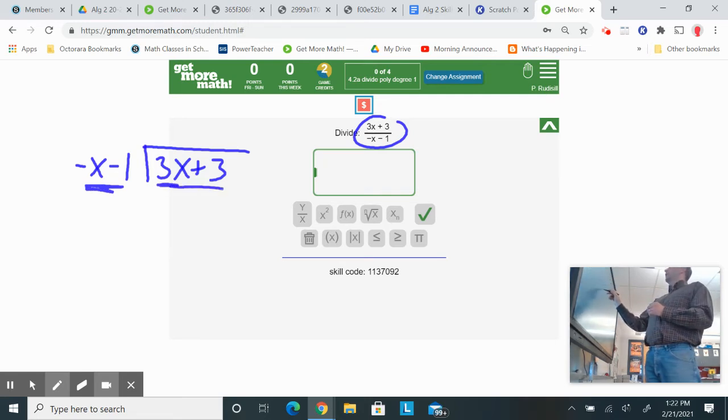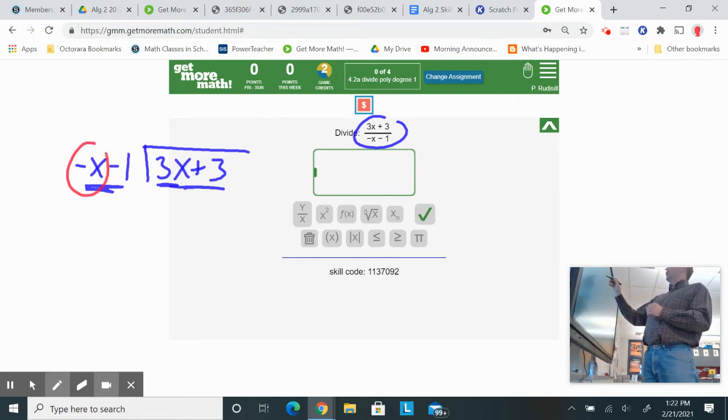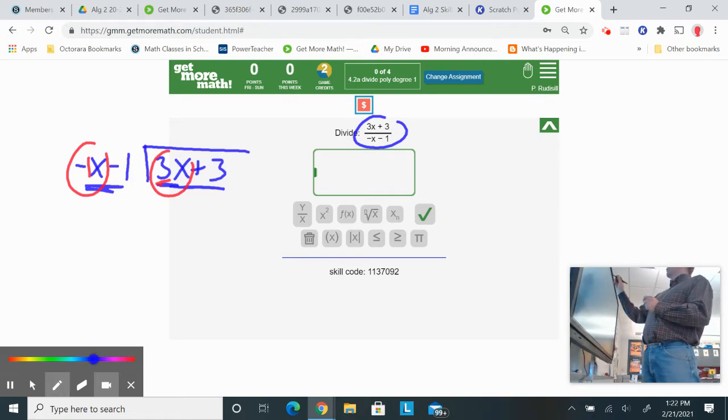It doesn't just go into 3x, it goes into 3x plus 3. We're going to focus on the x terms right there. A -1 and the positive 3. -1 goes into positive 3. We're thinking it's going to be a -3. So I'm going to write a -3 right here.